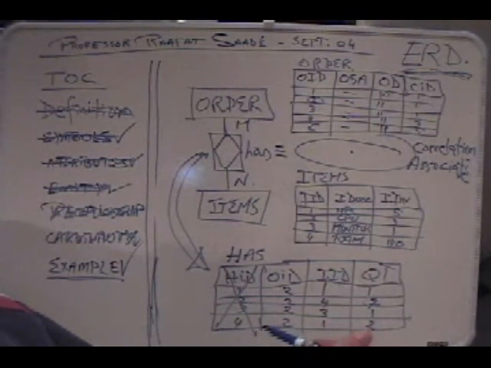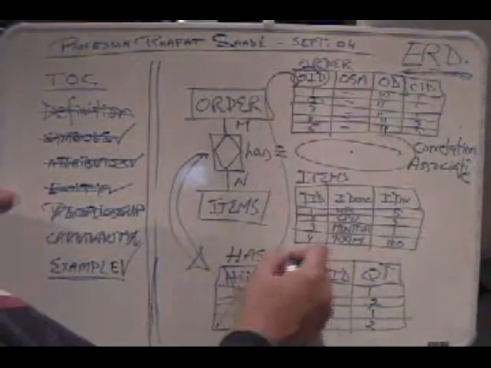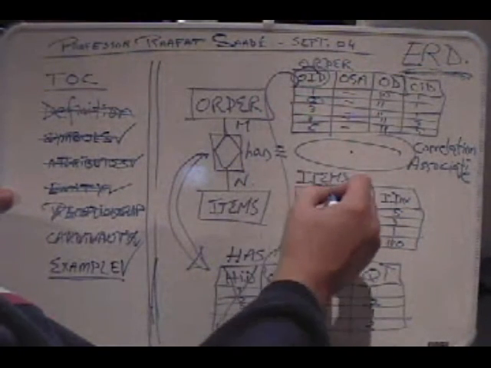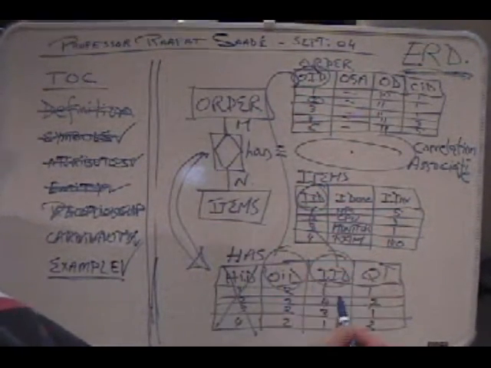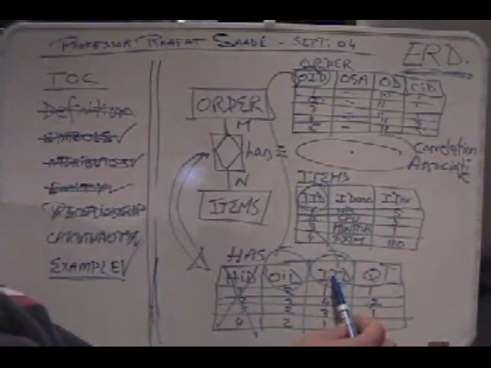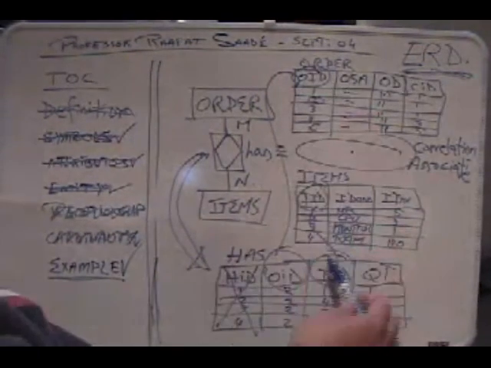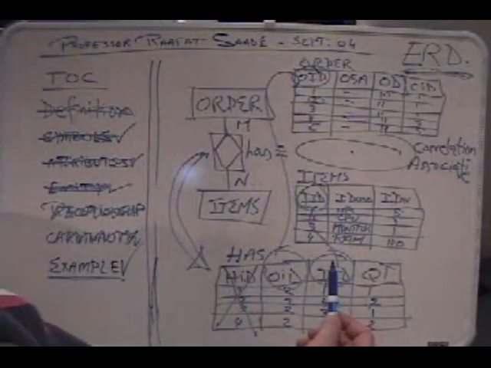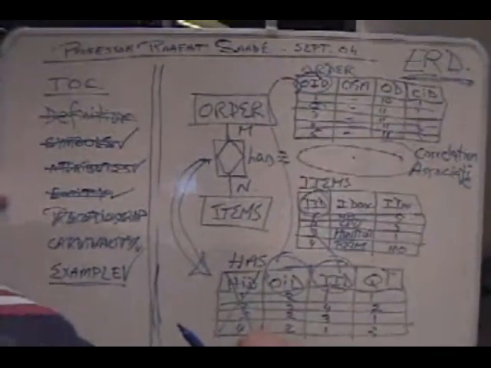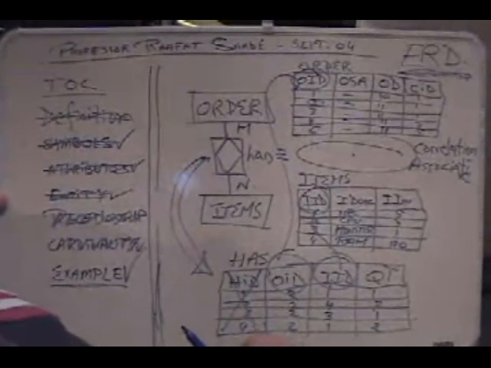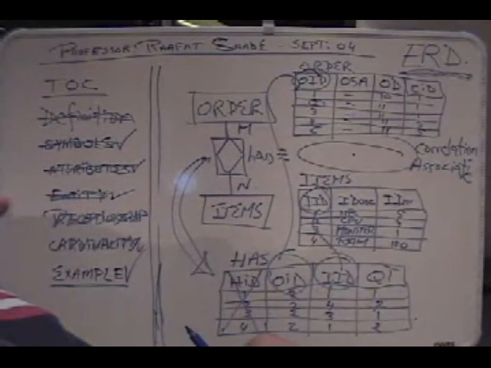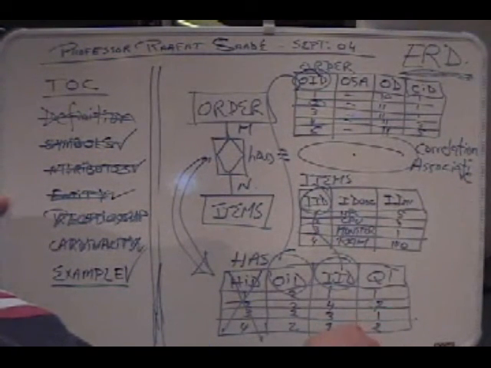So now I know that order ID is related to here, and item ID is related to here. So item ID is related to order ID via the has. In this case, we'll ask the same question. This is a CPU, sorry.